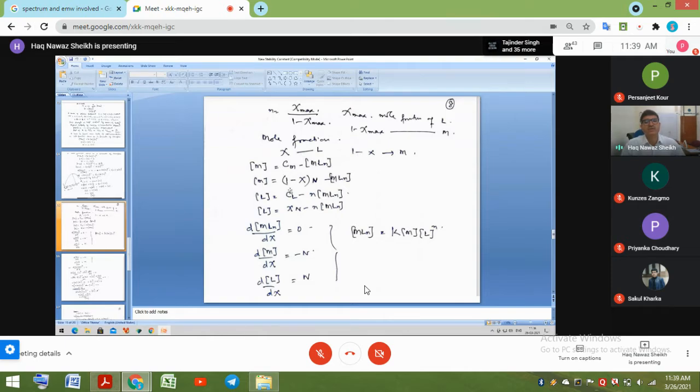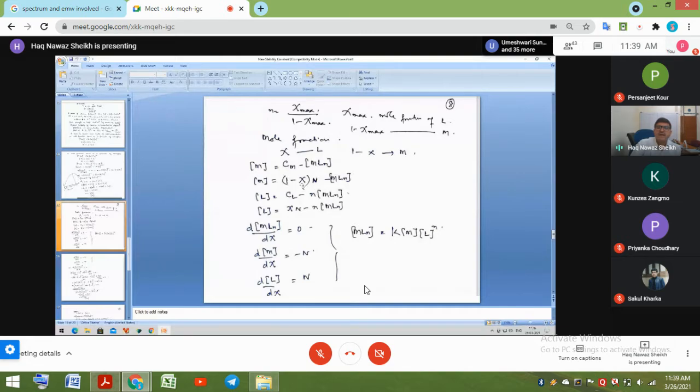So the metal can also be written as (1 minus χ) into N minus MLn. χ is a number, it is just a ratio, so it has to be multiplied by N, the total concentration, to get the concentration.